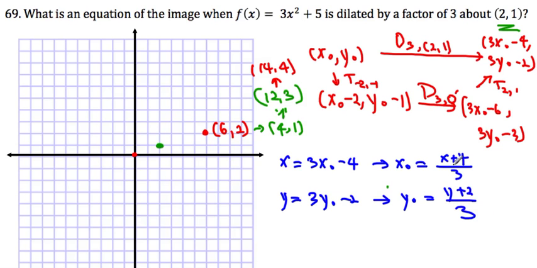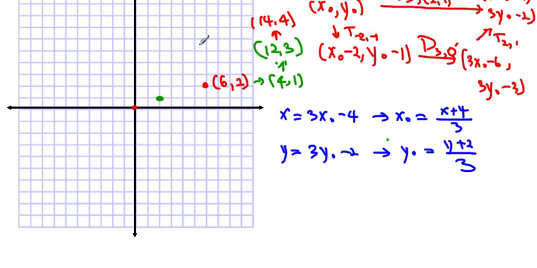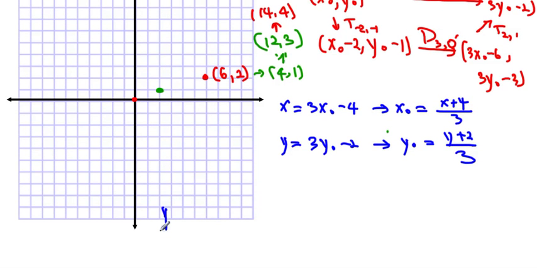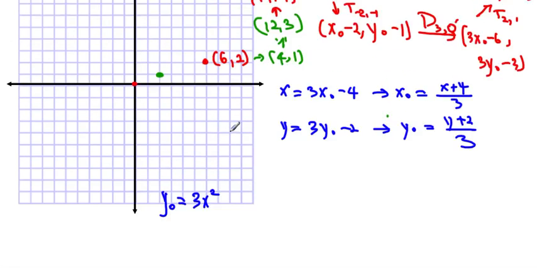Now, let us use this to get our result. In this case, I didn't ask you to solve for y, so we can just write down our answer as it is. Our original function was y naught equals 3x naught squared plus 5, but it will go through the dilation by a factor of 3 about (2, 1). So in x naught we put this one, and in y naught we put this one.